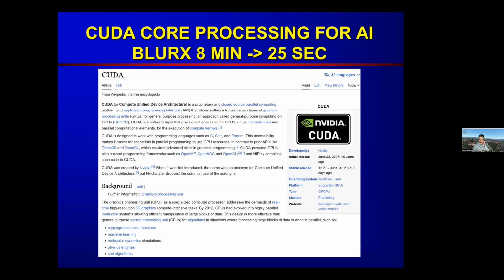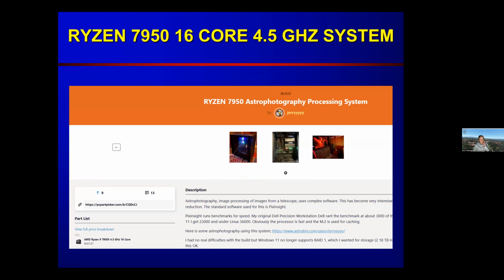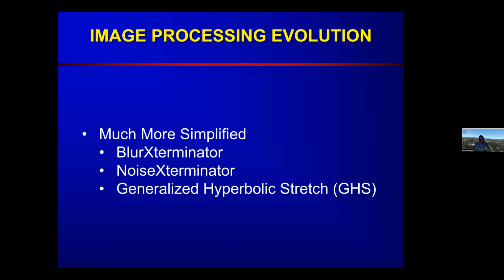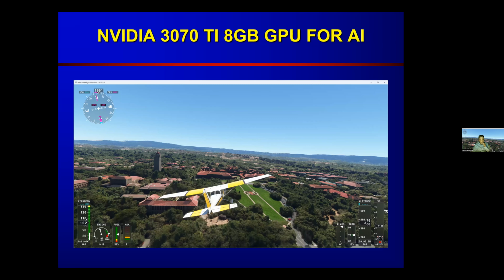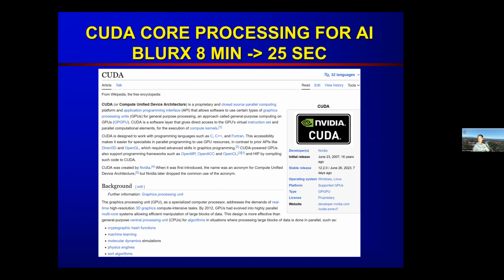Because the AI, if we go back to these guys here, Blur Exterminator and Noise Exterminator both can use CUDA cores. They're just about the only thing in PixInsight that can use CUDA cores. So they can use the parallel processing of the CUDA cores on the graphics processing unit.